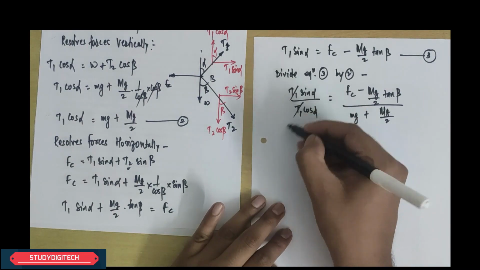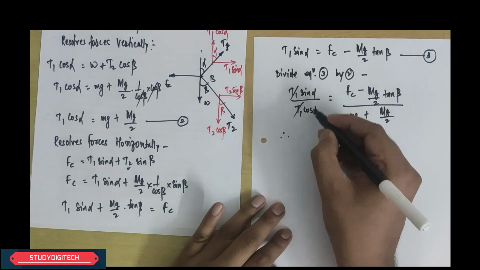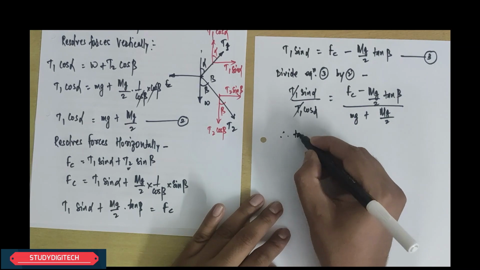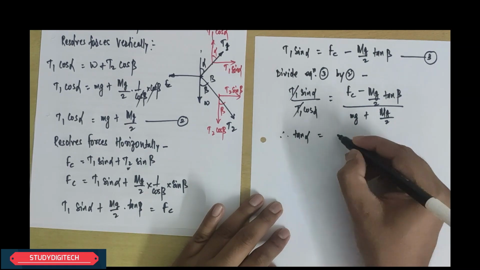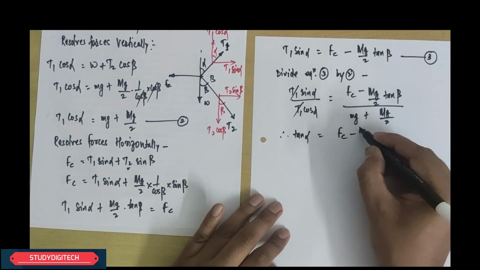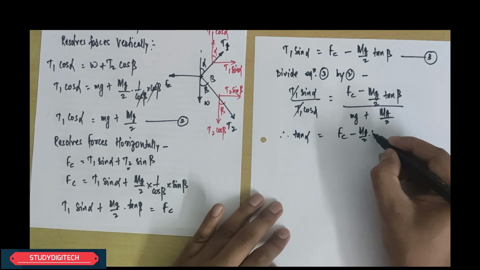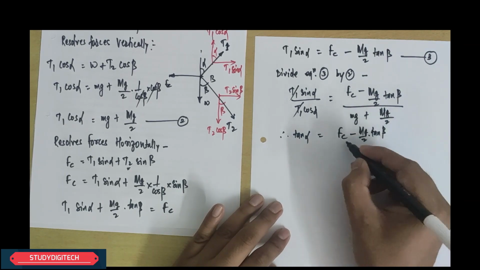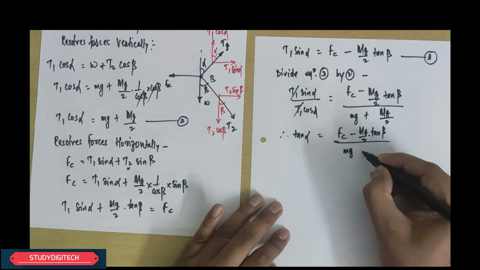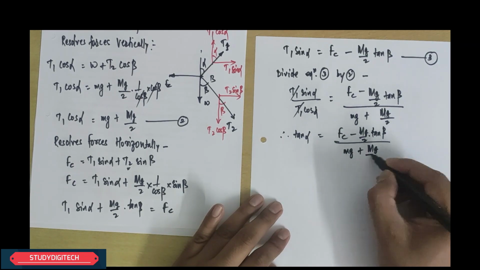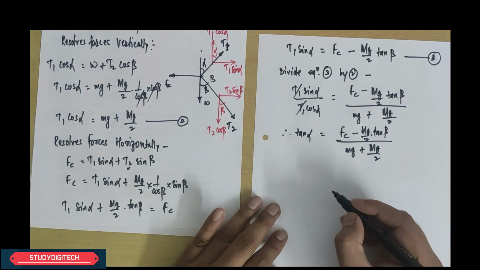So T1 will get cancelled. So sin divided by cos will be equal to tan alpha, which is equal to Fc minus Mg divided by 2 into tan beta divided by small mg plus capital Mg divided by 2.